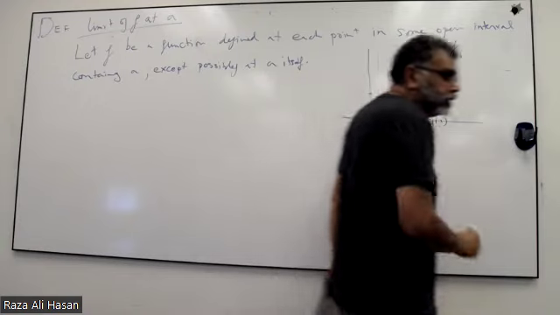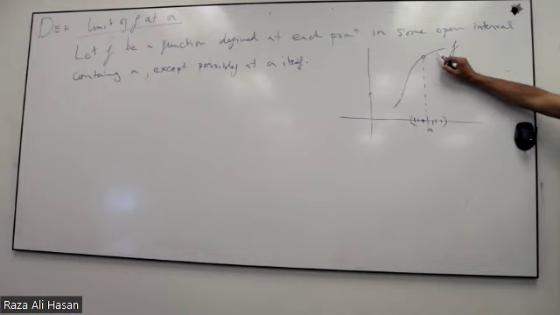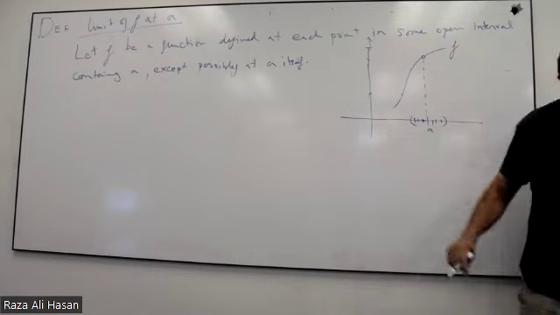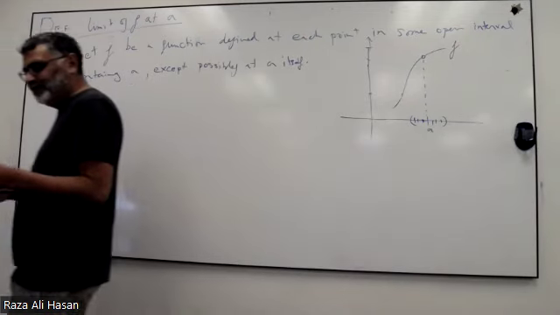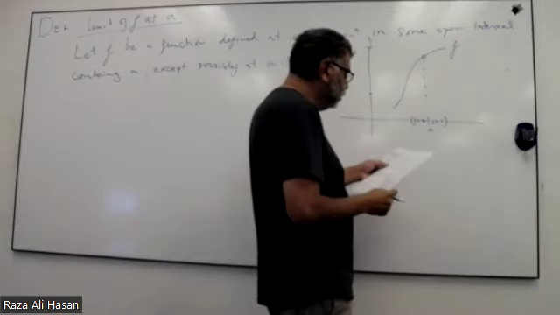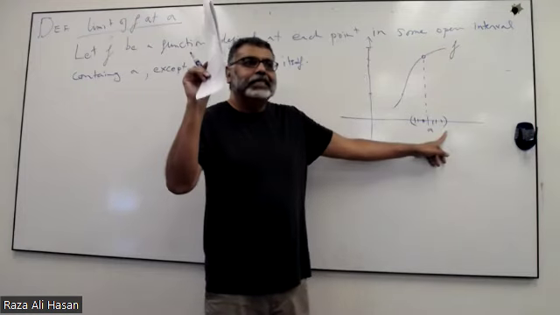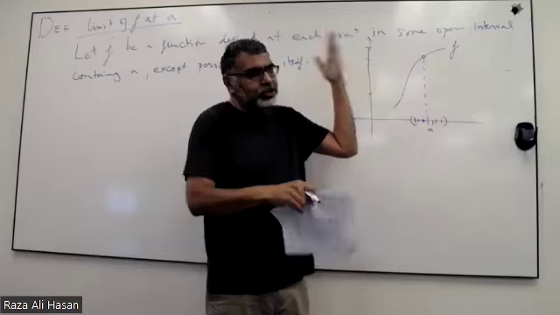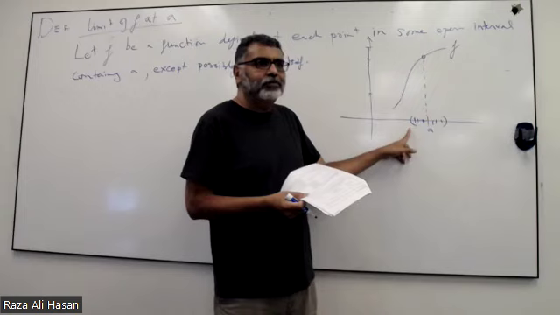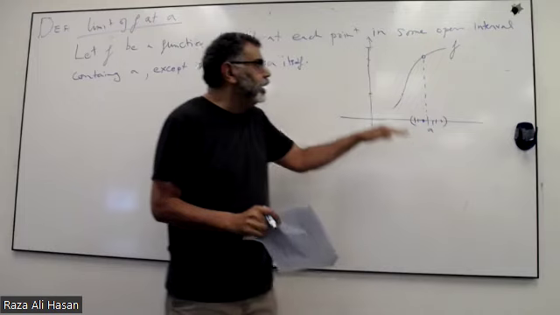For every x, you draw a line, it's going to hit the graph, and the horizontal line will tell you what the value is. Now we have an open interval, and what's going to go here? a plus delta, and this would be a minus delta.